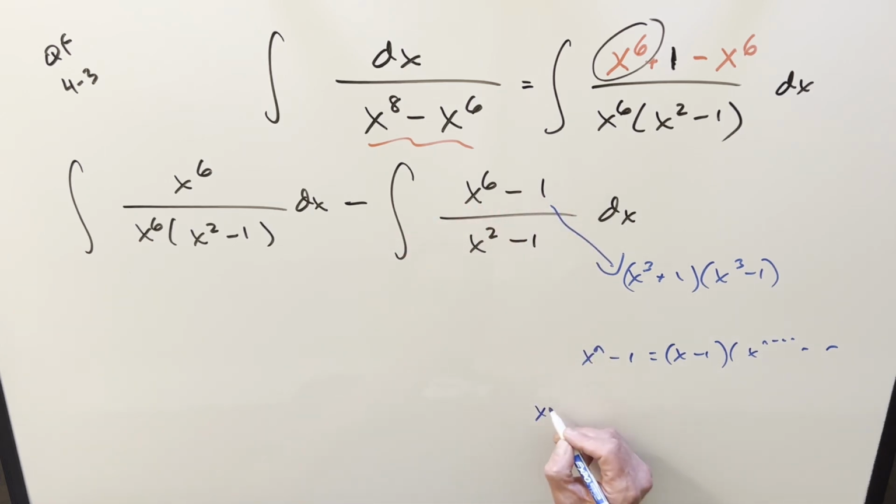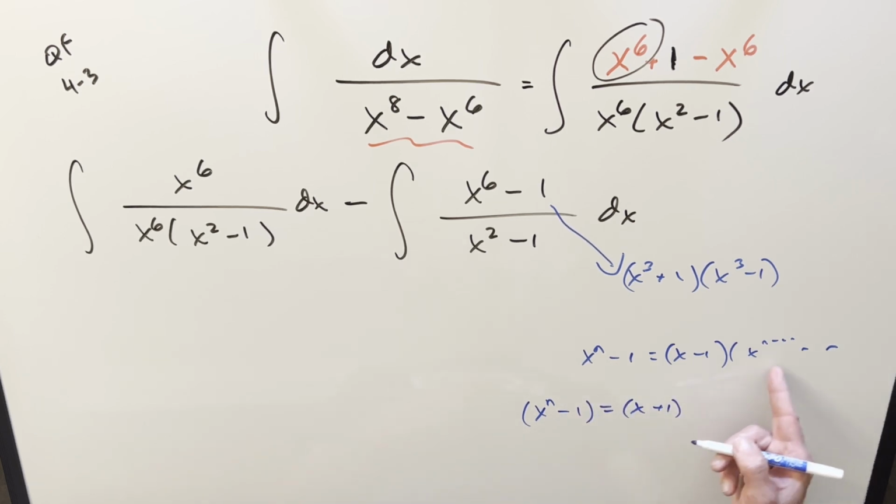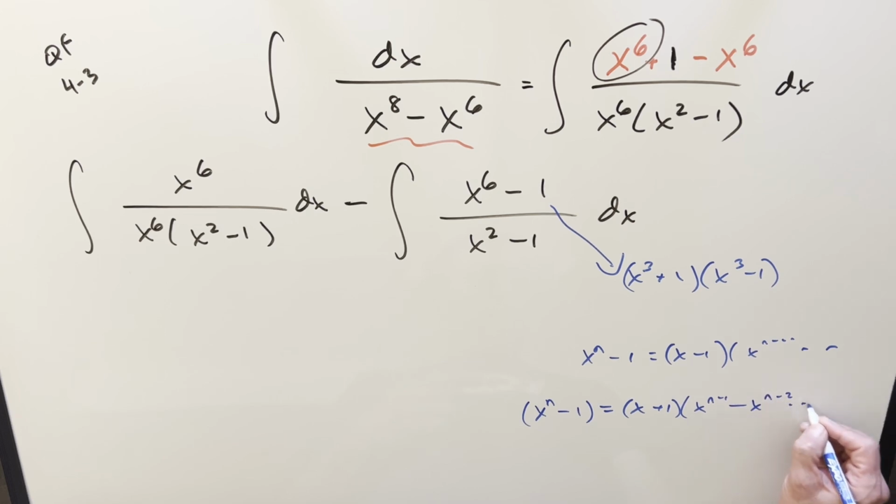So when n is even, you can also factor an x plus 1 out. The rest of it is similar, but with alternating signs: x to the n minus 1, minus x to the n minus 2, and so on, all the way down to minus 1.